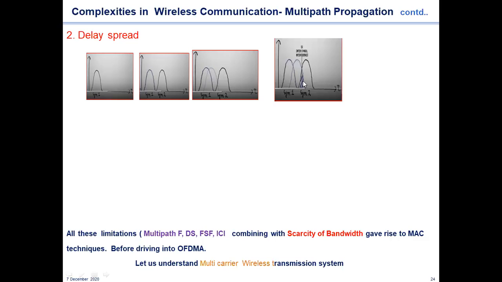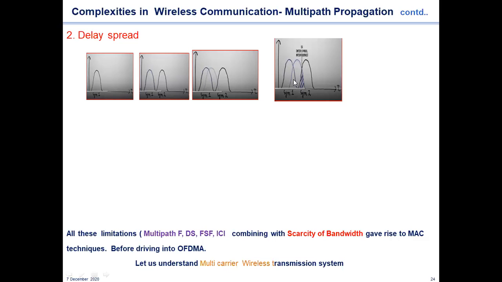So because of this, what is happening? There is an interference between the second symbol and the delayed version of the first symbol. Let us say this is the first symbol, this is the second symbol, and this is the delayed version of the first symbol. You can see the interference here. This is what is called intersymbol interference.